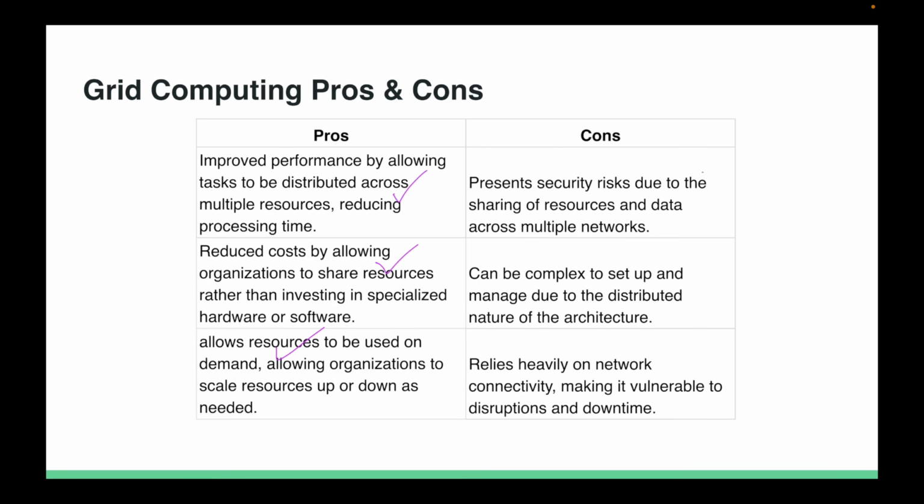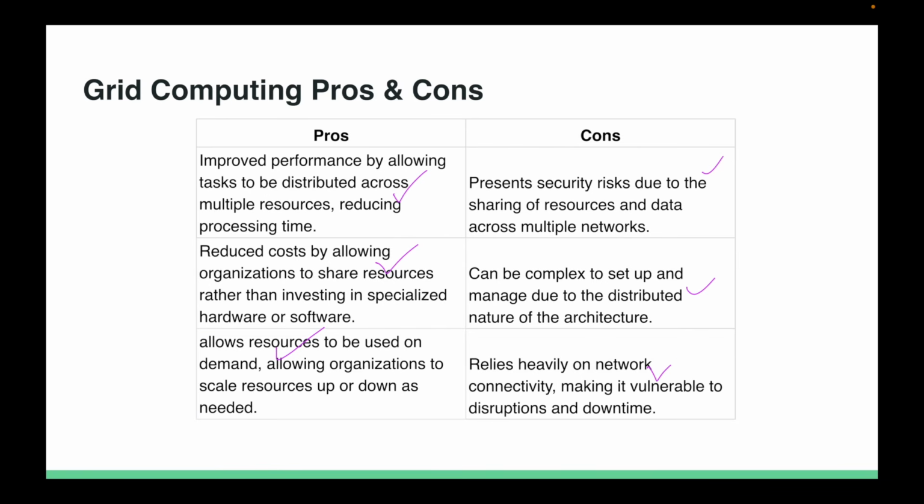The cons are because we are giving multiple networks access to our data in order to perform their task, we have somewhat of a security risk, because if anyone hacks into any one of those particular networks, then they get access to what they're working on. Also, coordinating multiple networks across a large geographical area can be quite complex and error-prone.